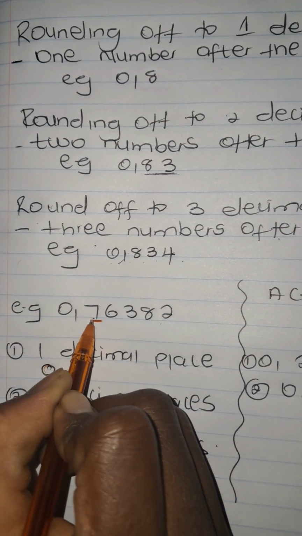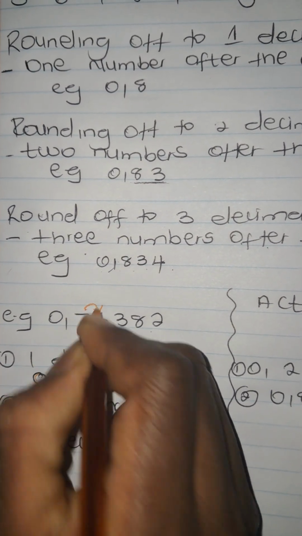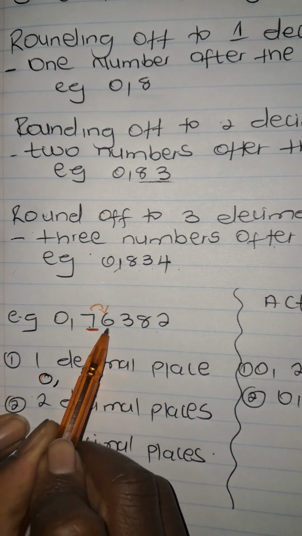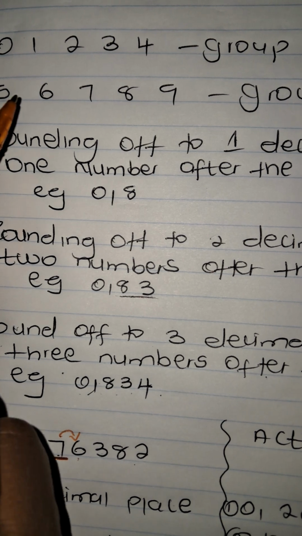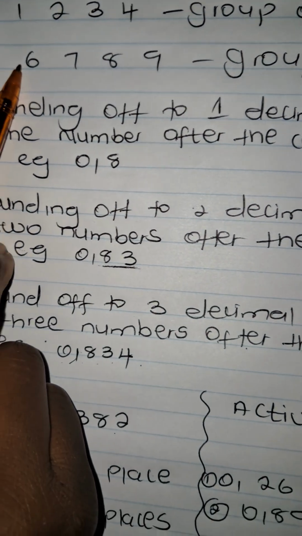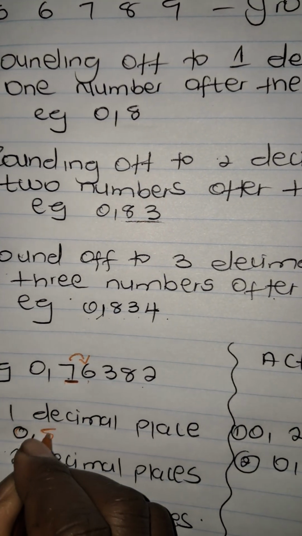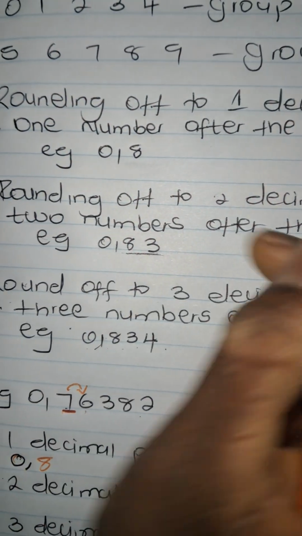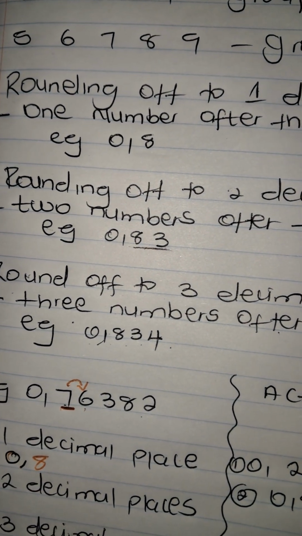I always highlight my focus number. My focus number is 7. Then I look at the number after 7. Then 6, then I come and look for 6 here. Where do I find 6? I find 6 in group 2. In group 2, it means 6 has the power to change 7 into 8. So the numbers in group 2 have the power to affect your focus number.